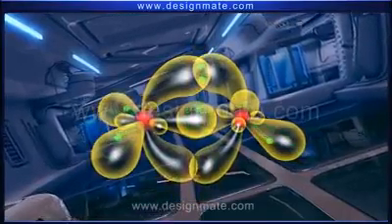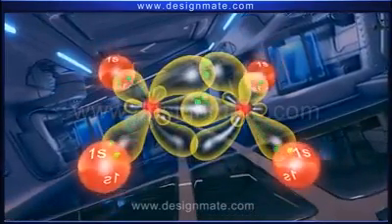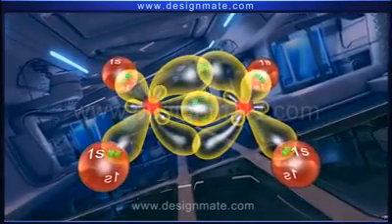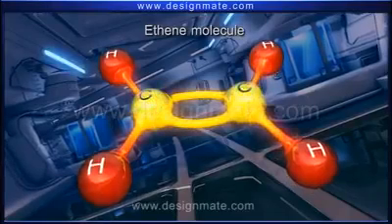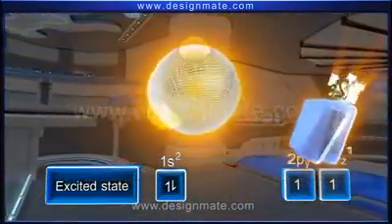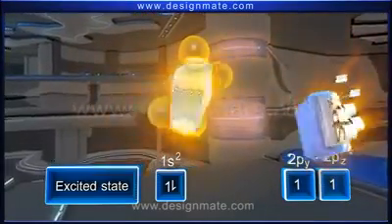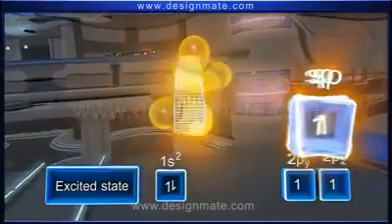The other two valencies of each of the carbon atoms are satisfied by 4 1s orbitals of hydrogen, hence forming an ethene molecule. Another process of intermixing, called sp hybridization, results in the formation of two sp hybrid orbitals.